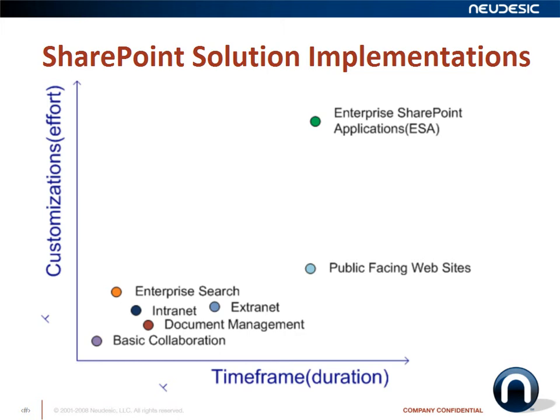Now, why is that? If SharePoint is an application development platform, why do these things take so long? So that's really what we're going to talk about today, and we're going to talk about how Office Canvas will significantly decrease both the risk and the level and the time frame, as well as the level of required customization to really implement true enterprise class applications on top of SharePoint.